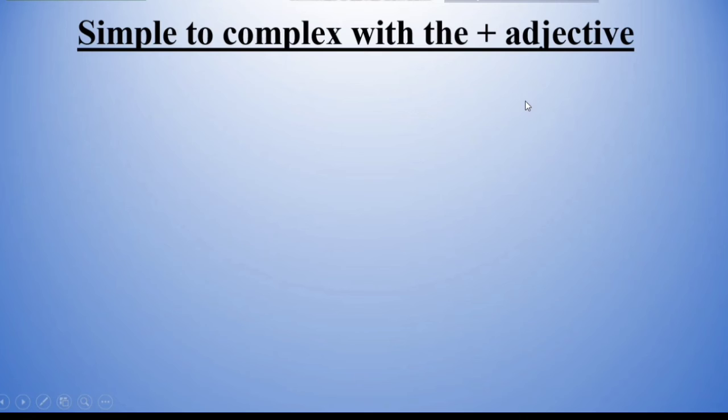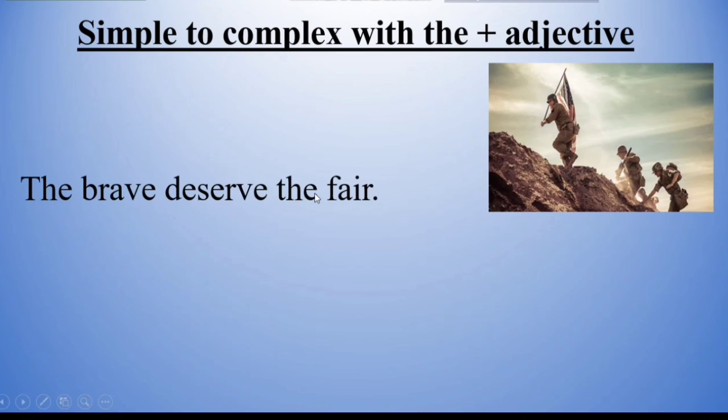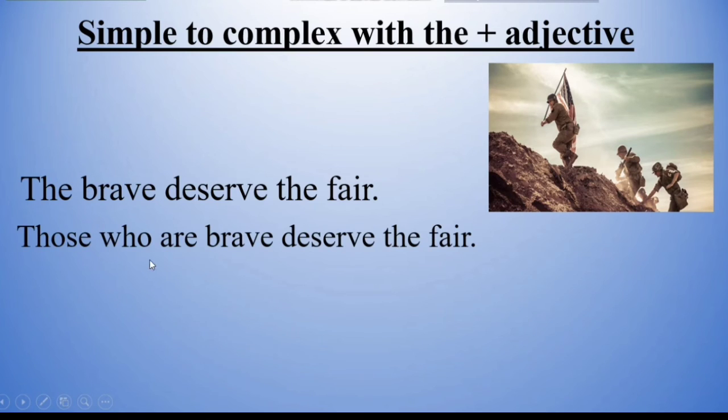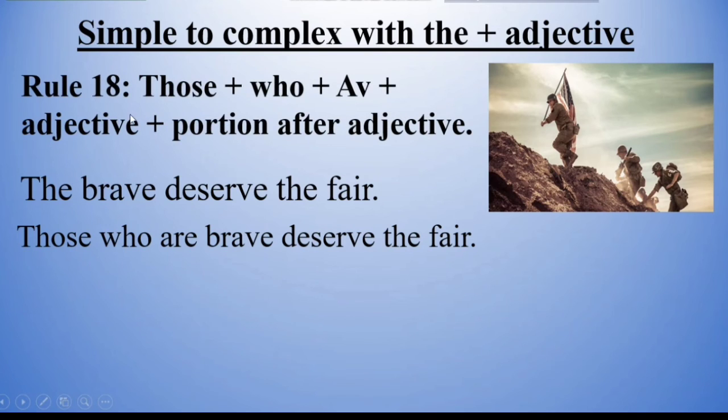Simple to complex with the plus adjective. The brave deserve the fair. Those who are brave deserve the fair. Rule: those plus who plus auxiliary verb plus adjective plus portion after adjective.